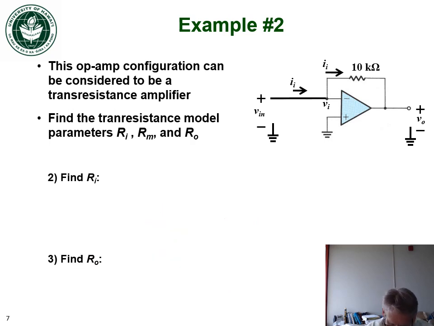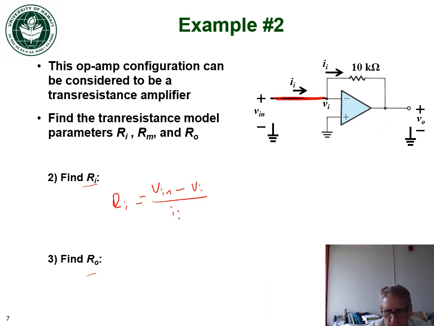All right, now we need to find the input resistance and the output resistance. The input resistance is equal to the input voltage divided by the input current. So that would be Vn minus Vi divided by the input current. But you'll notice that this is a short here.